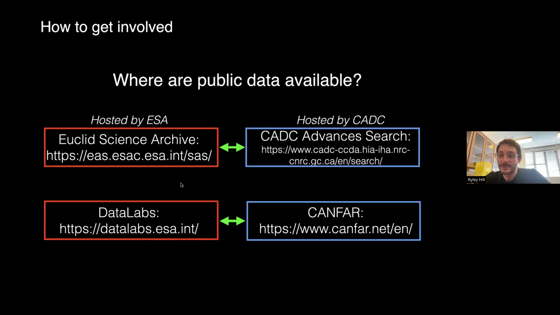ESA also gives you access to Datalabs, which I'll talk about, a platform for interacting with the data. But we also have the data hosted here in Canada at CADC, so you can access all the same things through CADC, this link here.